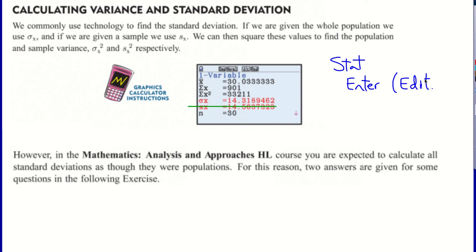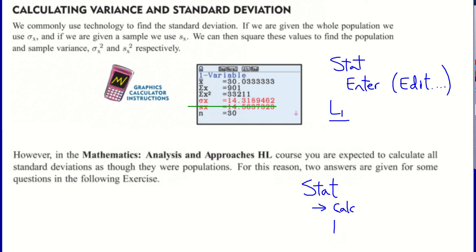You could put all of your data into L1. Once you've done that, back from the home screen, you can find the stat command again and hit the right arrow key once to go to where it's asking you to calculate something in that tab.